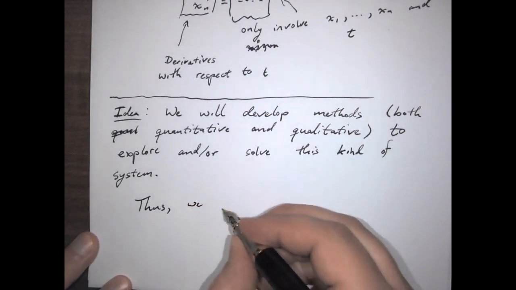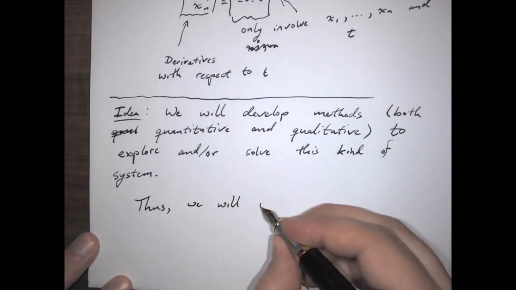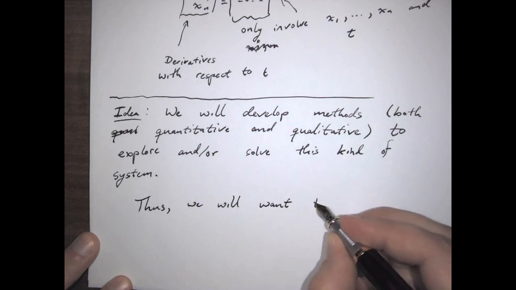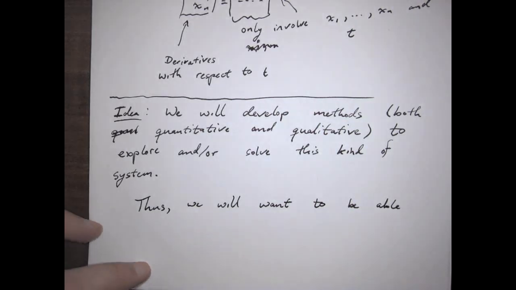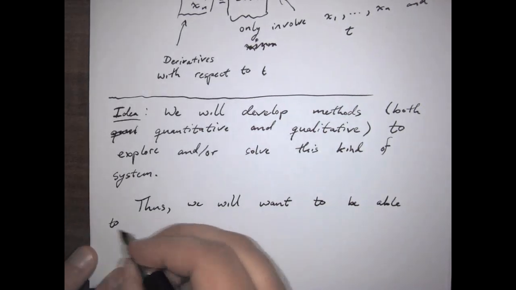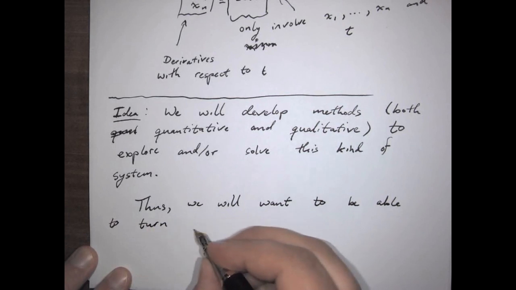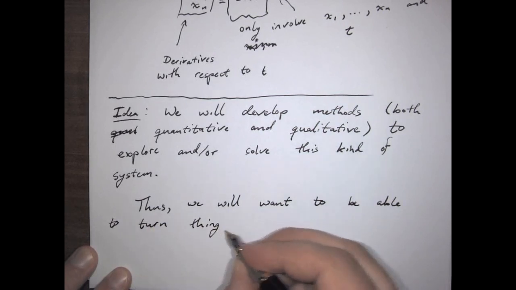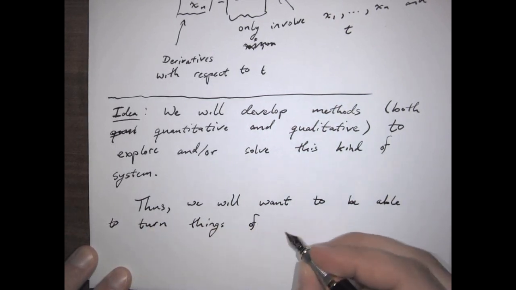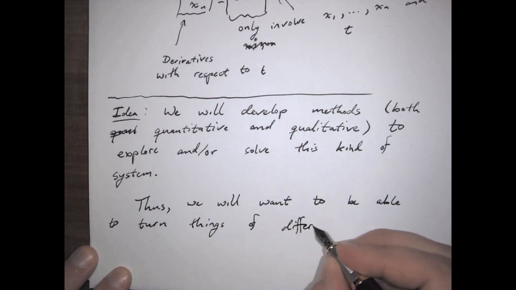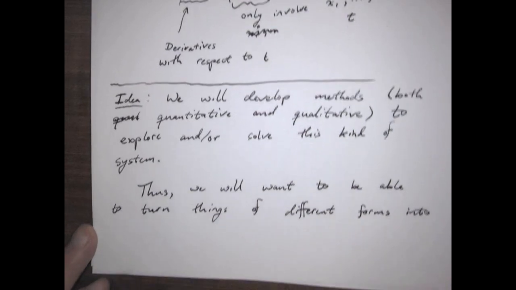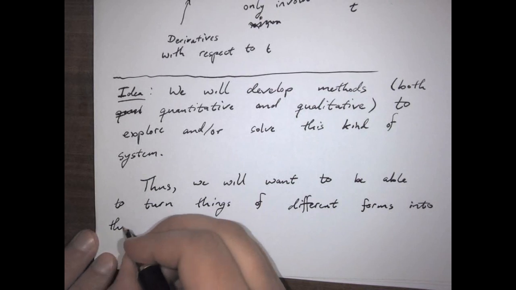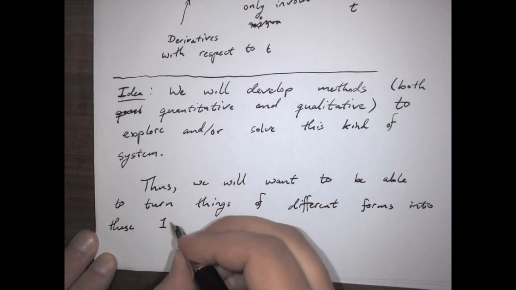Thus, we will want to be able to turn things of different forms into these first order systems.